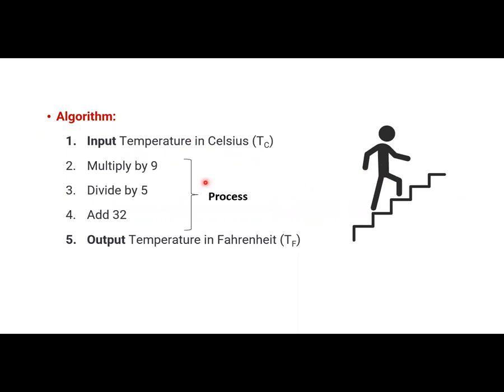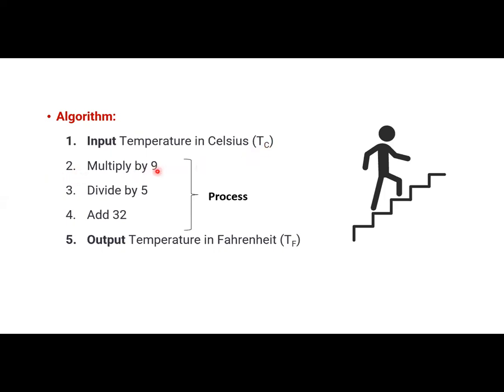Let's take a look at the algorithm for solving the above question. First, we must input the temperature in Celsius. We can name it TC. The second step is TC multiplied by 9.